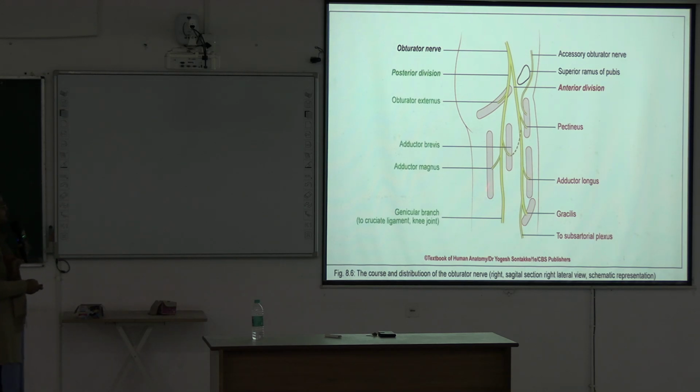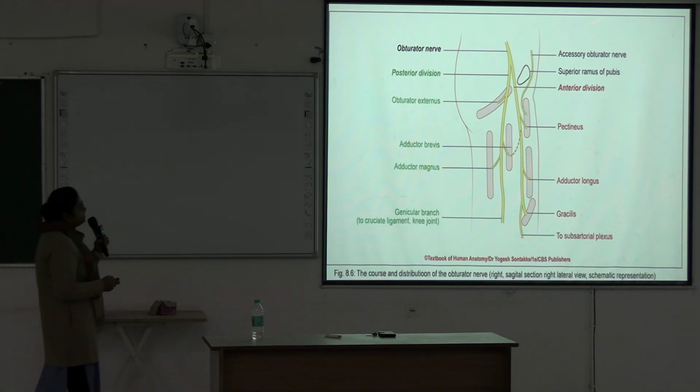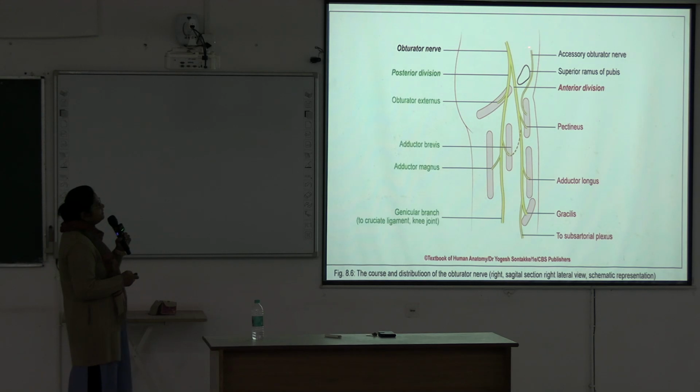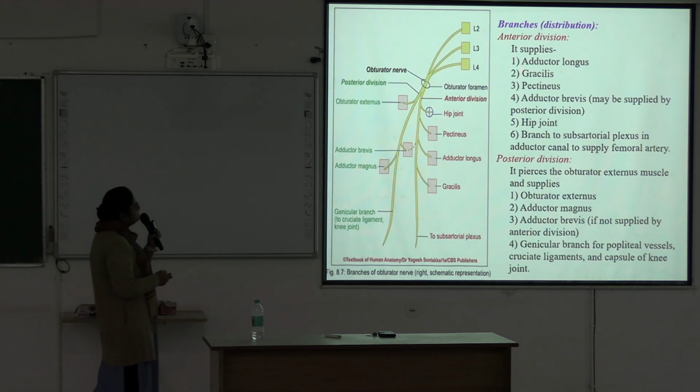The posterior division continues as the genicular branch supplying the cruciate ligaments of the knee joint, the anterior and posterior cruciate ligaments. Sometimes an accessory obturator nerve is present and it mainly supplies the pectineus muscle. Understood? So these are the branches you can see.